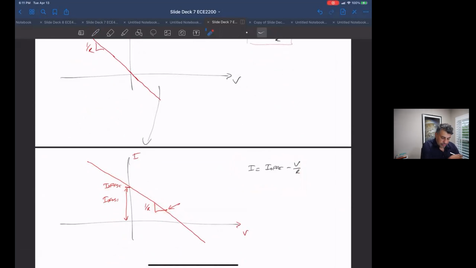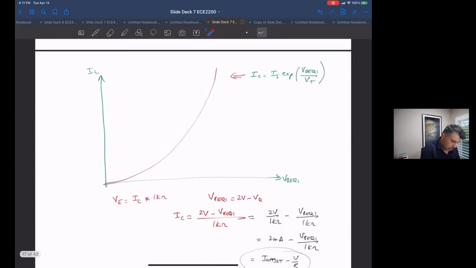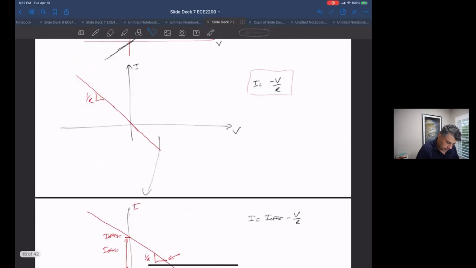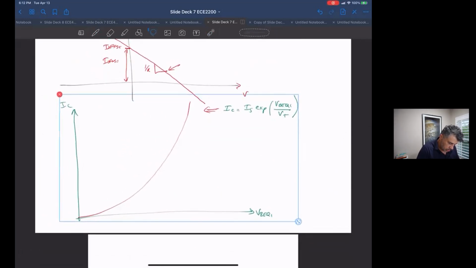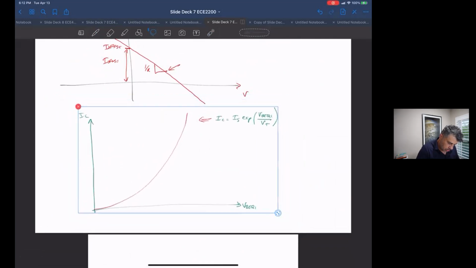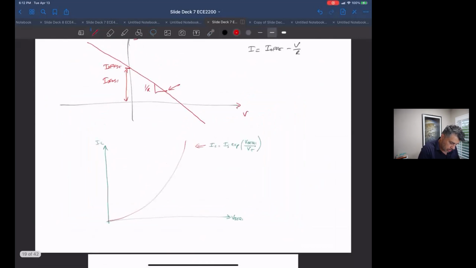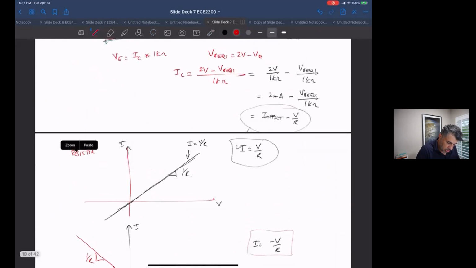So I get a line going like this, with the intercept being this offset value, and the slope being 1 over R. Okay, so if I go back to draw it here, I'm just going to copy and paste so you can see everything. Resize this a little bit. Remember that what I'm actually trying to draw is 2 milliamps.